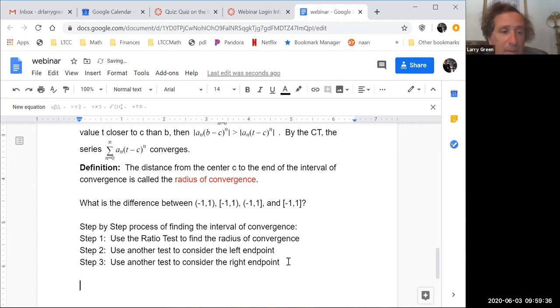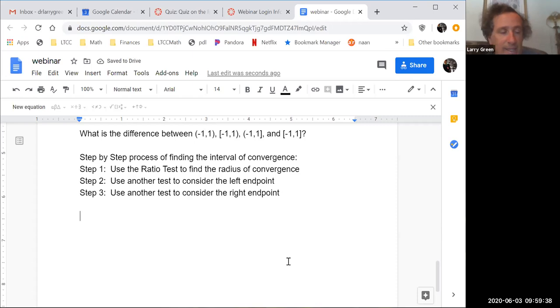So that's going to be the step-by-step process on finding the interval of convergence. So let's do an example.